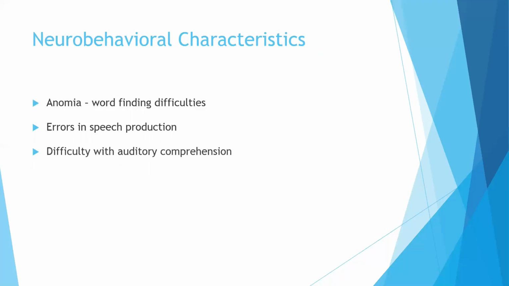Difficulties with auditory comprehension, difficulties with repetition. But these patients are very aware of themselves and their environment. If there's no damage to the right hemisphere of the brain, this patient has great grammatic, pragmatic, and cognitive skills.